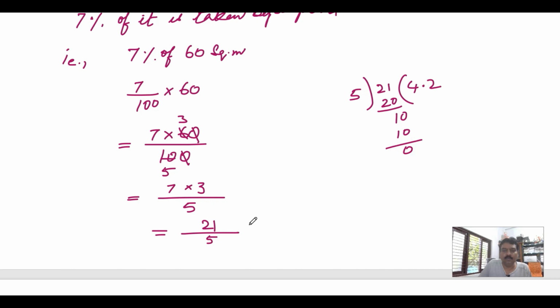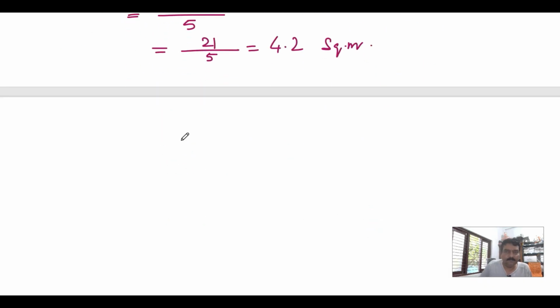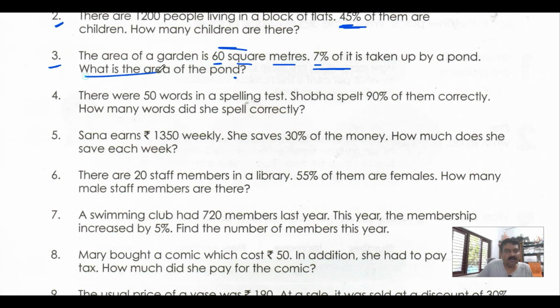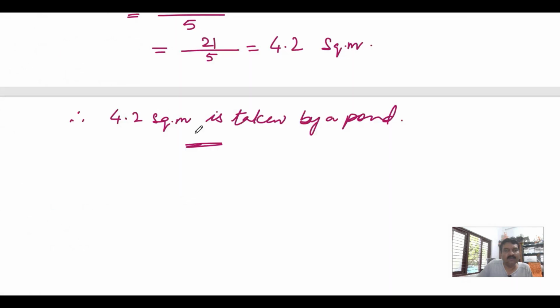So it is 4.2 square meters. Therefore, we can say 4.2 square meters is taken by a pond. This is the answer. He is asking you how much area. See, what is the area of a pond? So this is the area of a pond, 4.2 square meters. Now let's go to the next one.